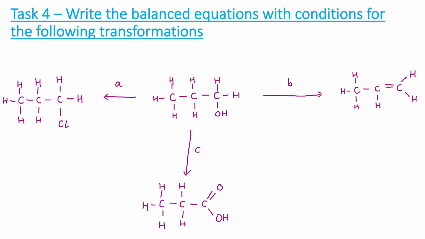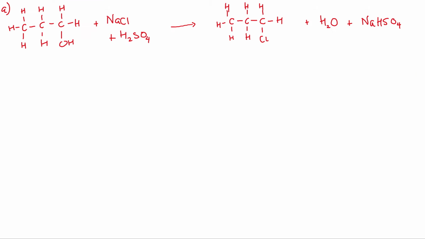The next one is B, so we're going from propan-1-ol to this alkene over here. If we're going from an alcohol to an alkene, that's a dehydration reaction. To dehydrate an alcohol, we need specific reaction conditions.